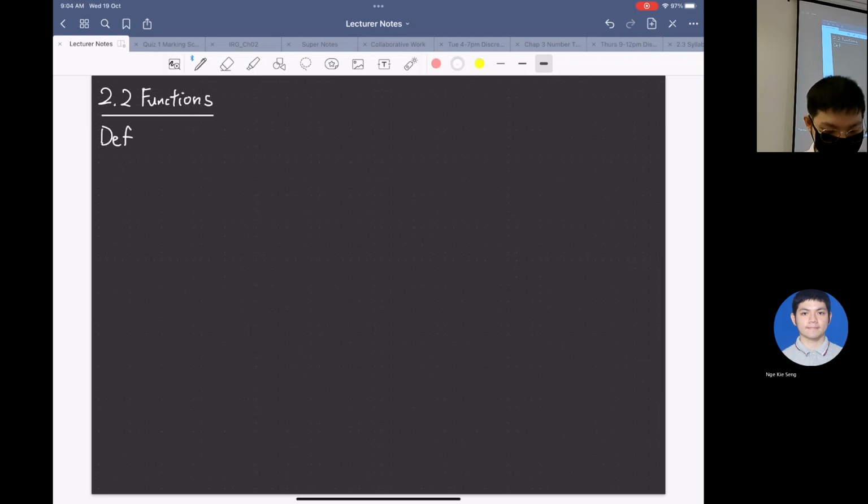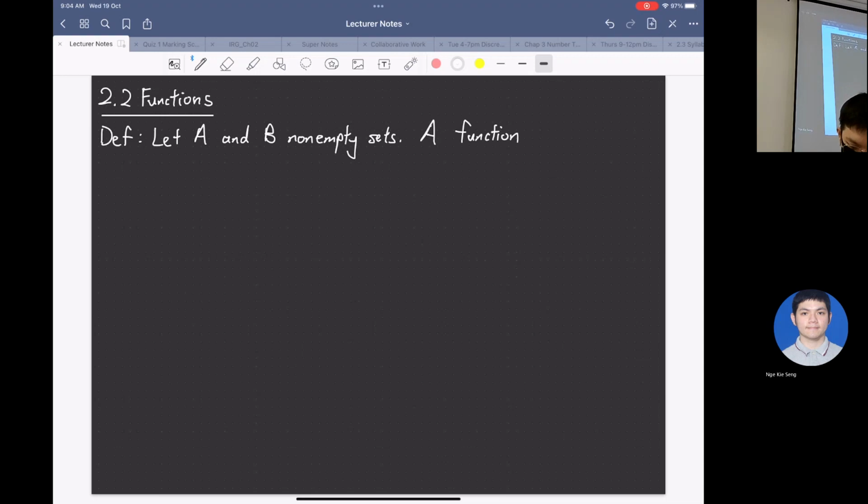Okay, so now we want to study functions. So we want to have maps between sets. So let's start with two non-empty sets. What is a function? A function is: I give you an input, you give me an output.